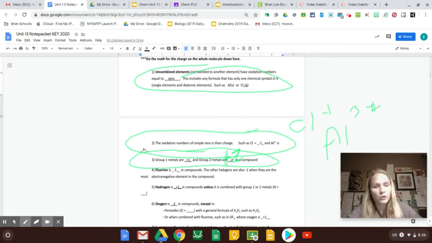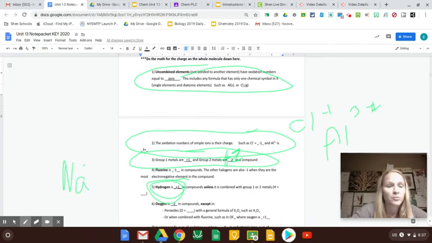Fluorine is like the most electronegative. It's always stealing, so it's always negative. Hydrogen is pretty much always +1. It can rarely be -1. The only reason it would be -1 is if it's with something that can only be plus. So if it's with like a group 1 metal, the only choice is +1. If you look at hydrogen, it has a choice of +1 or -1.